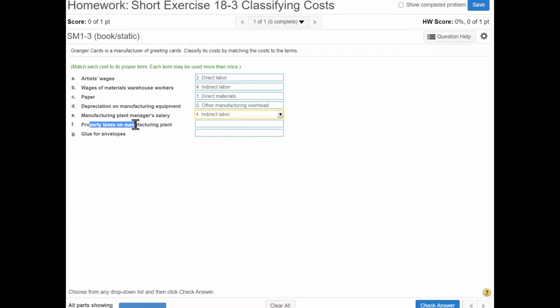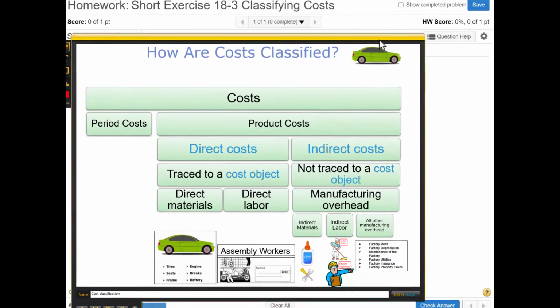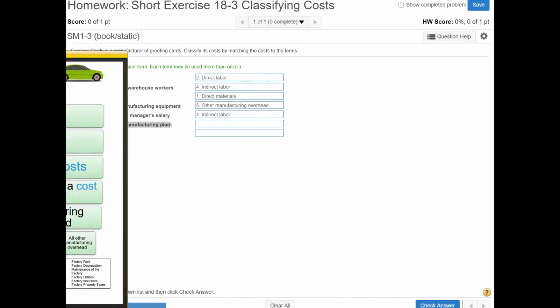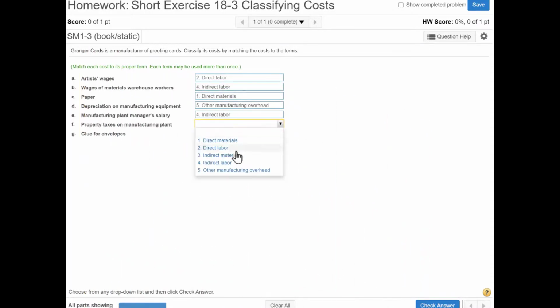Next, we've got property taxes on the manufacturing plant. Because the property taxes are on the factory, they are a product cost, but they cannot be tied directly to certain cards, so they are manufacturing overhead. And last, we've got glue for the envelopes.